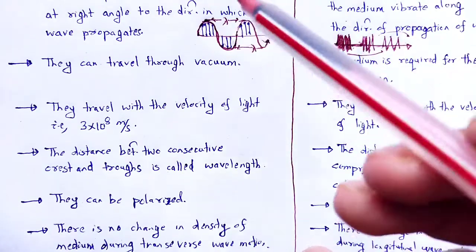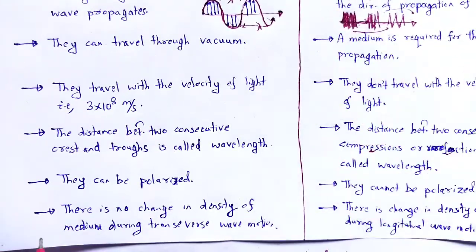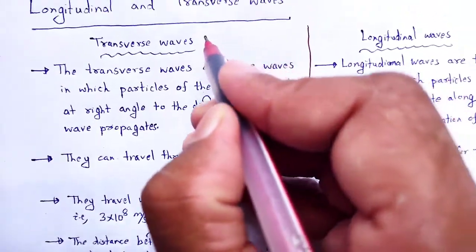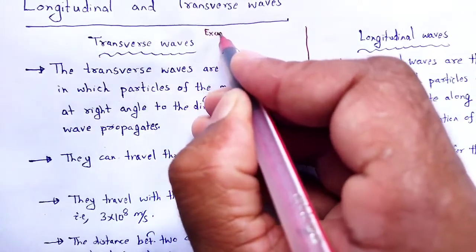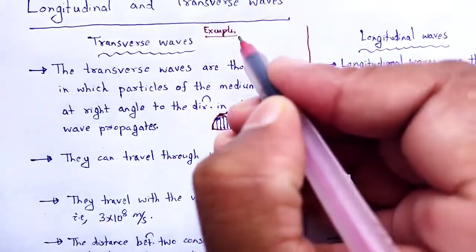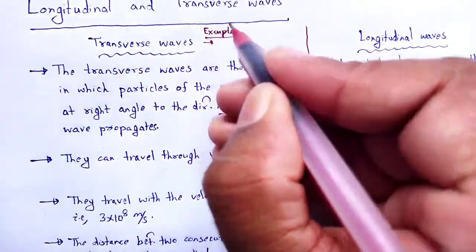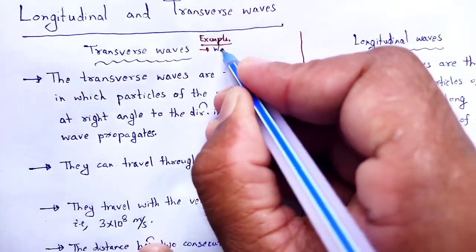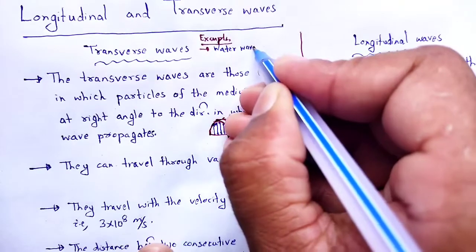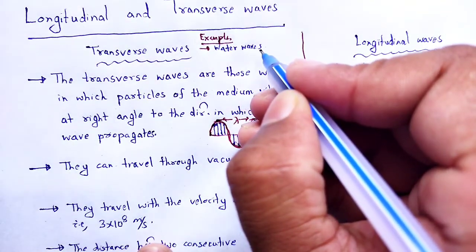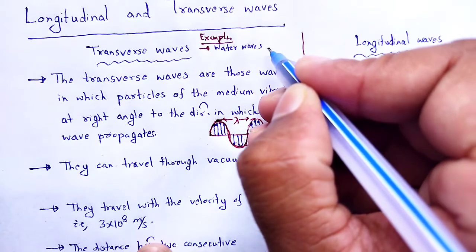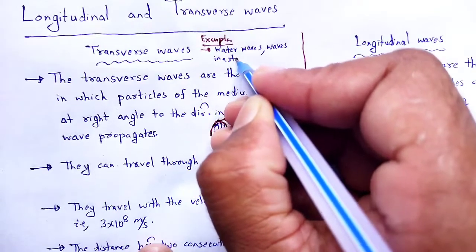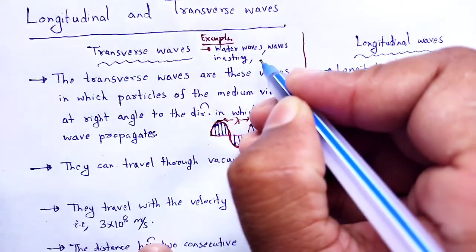There are some examples of transverse waves. Here we take the examples of transverse waves as water waves, waves in a string, and electromagnetic waves.